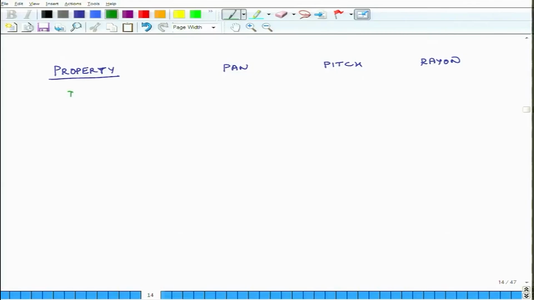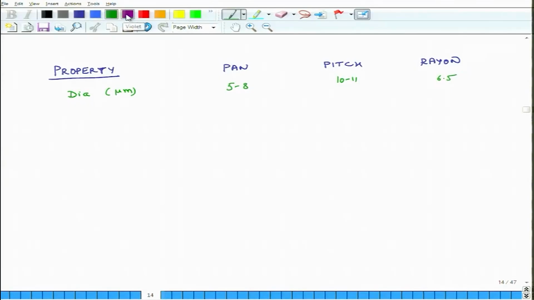So, first let us look at diameter, and the units are micrometers. This is 5 to 8, 10 to 11, and this is somewhere in between, 6.5.